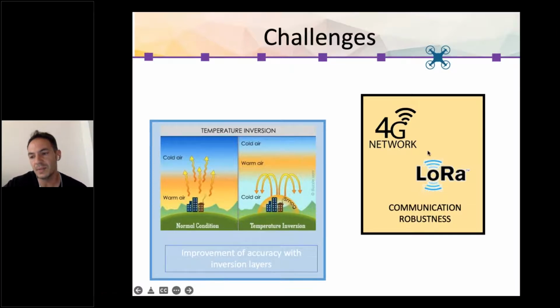And then sometimes we are flying in remote areas, so the communication coverage is not so good. So we are trying to find alternative methods to send the readout of our sensor. We are checking now LoRa, that is IoT, a communication protocol.